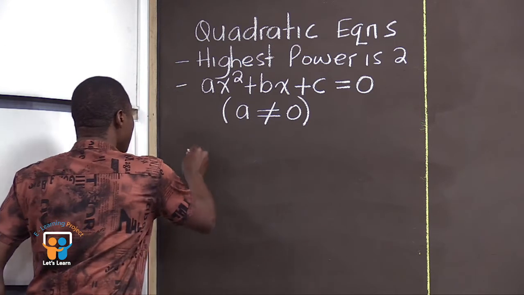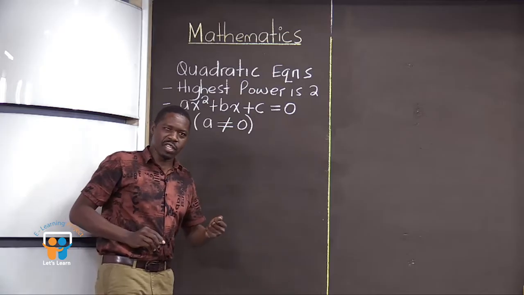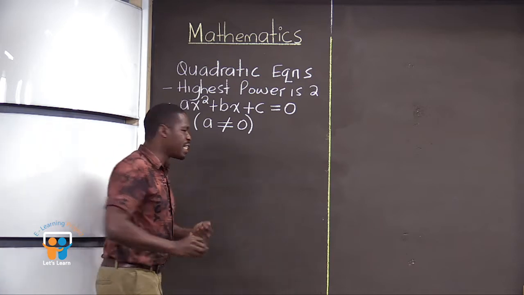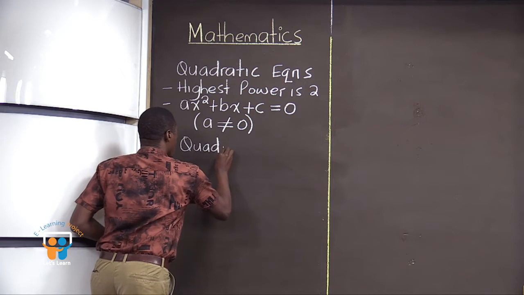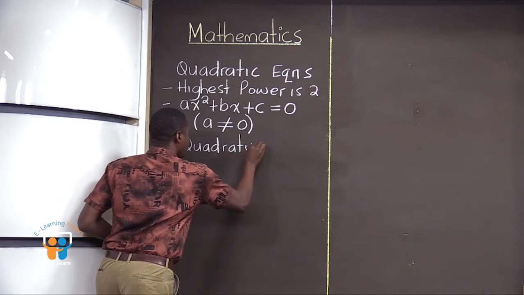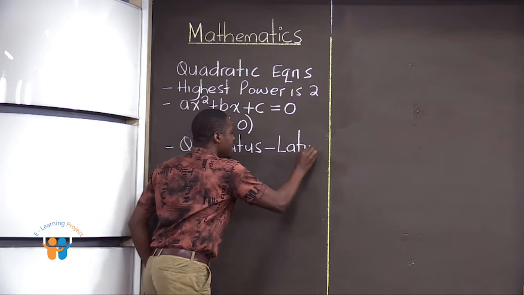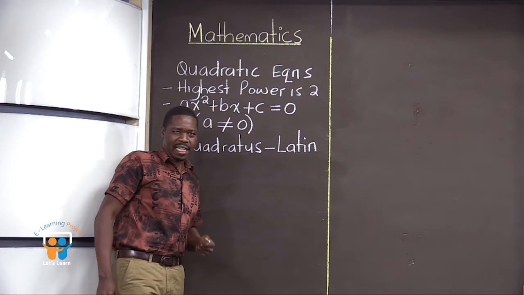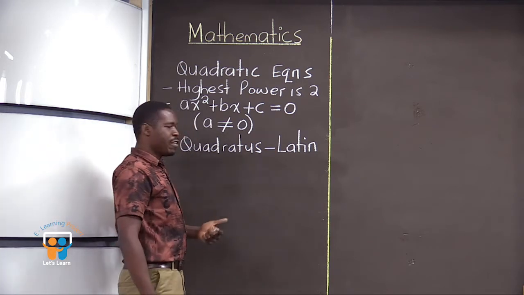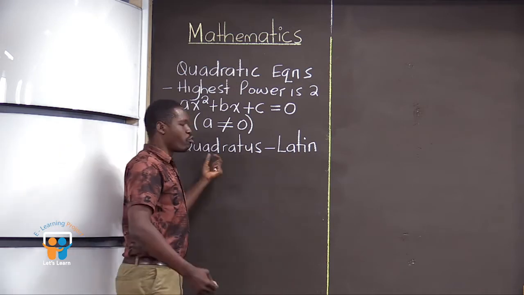Now, Mr. Examiner, we need to know that the word quadratic originated from the word quadratus, which is a Latin word. Remember, Latin is the language spoken in Italy, current day Italy. For them they called it quadratus.